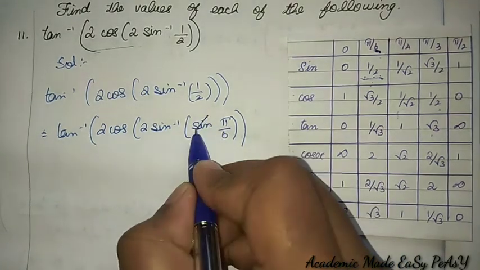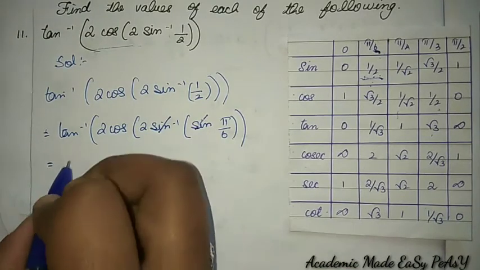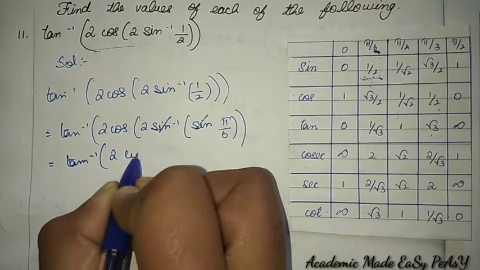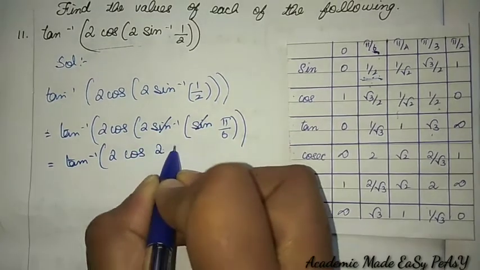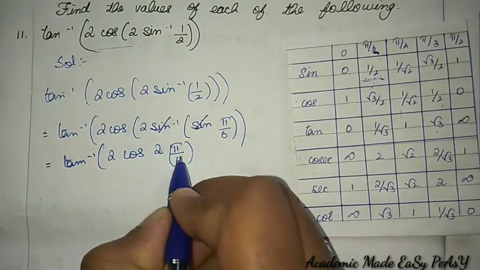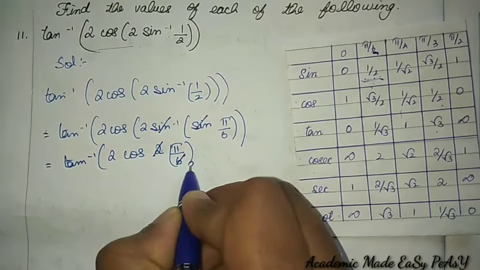Sine and sine inverse will get cancelled and then we will write tan inverse 2 cos 2 pi by 6. Now here we have common factors, so 2 and here it will be 3.